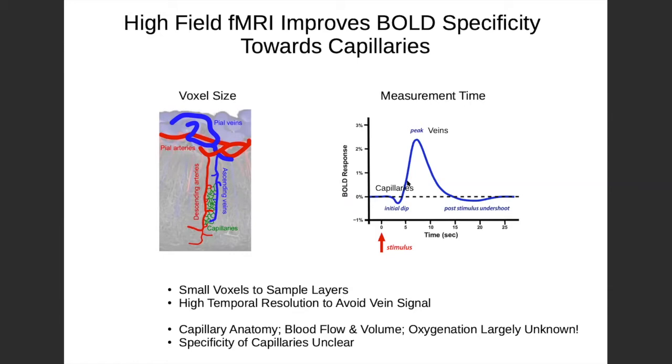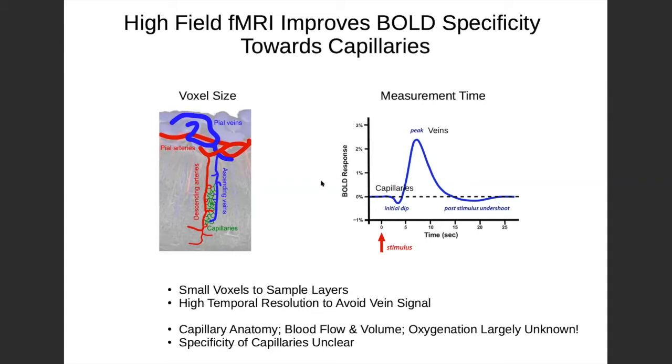In this talk, my investigations are mainly about the BOLD contrast. That is the most applied contrast. In most applications it is measured with gradient echo sequences. So probably most of you here, if you do fMRI, will use gradient echo sequences.